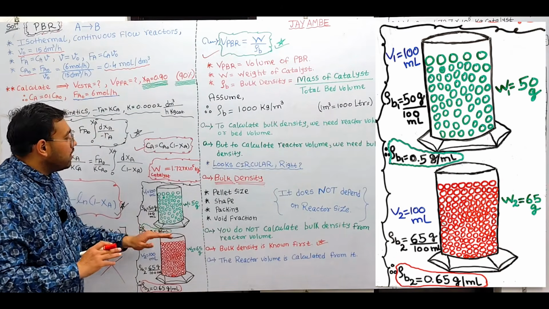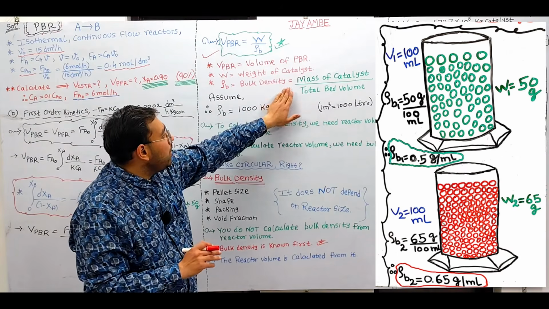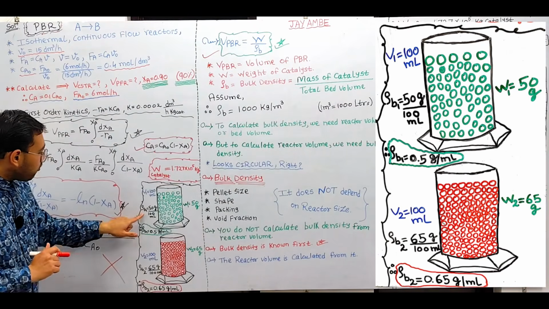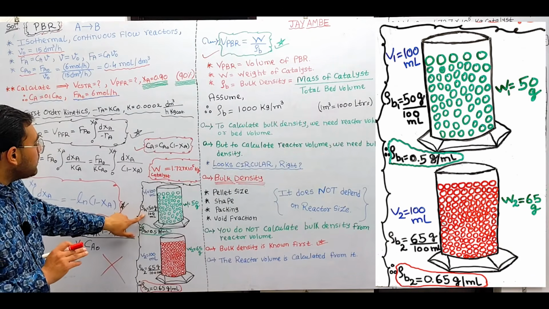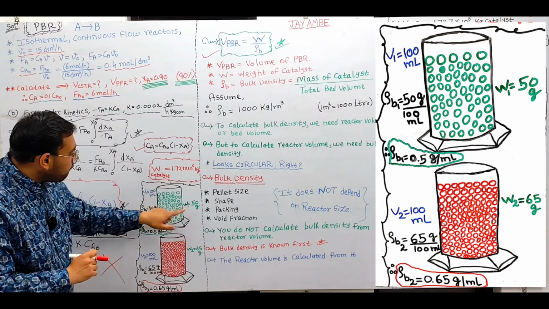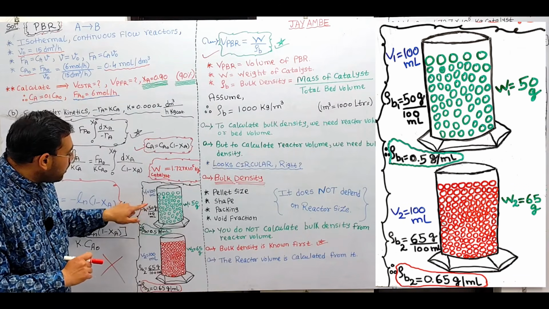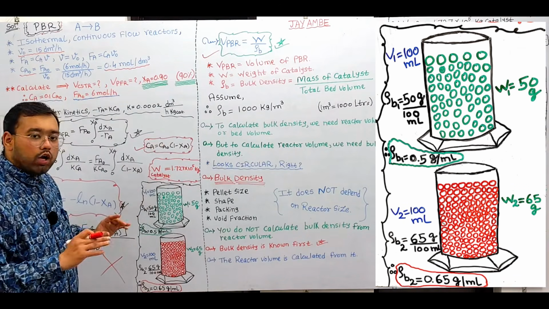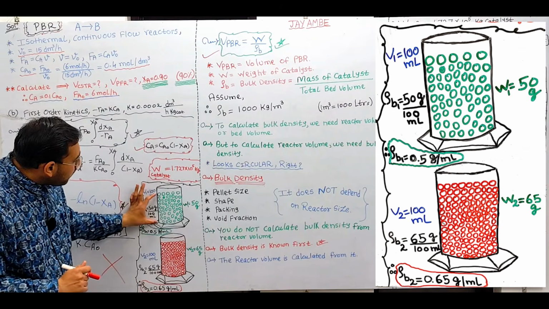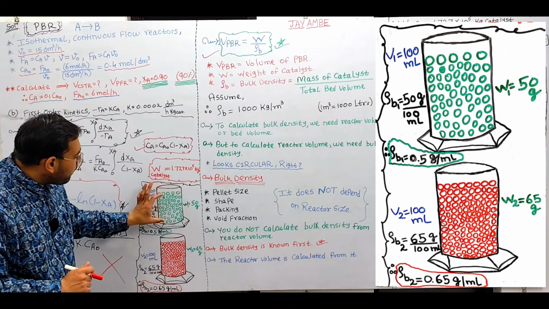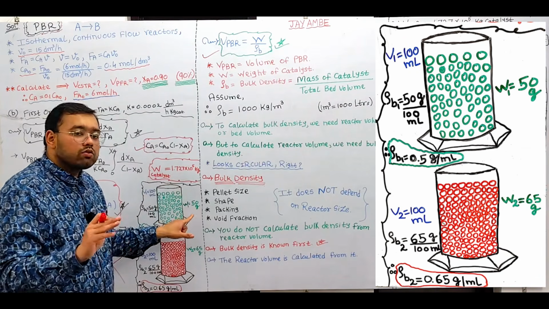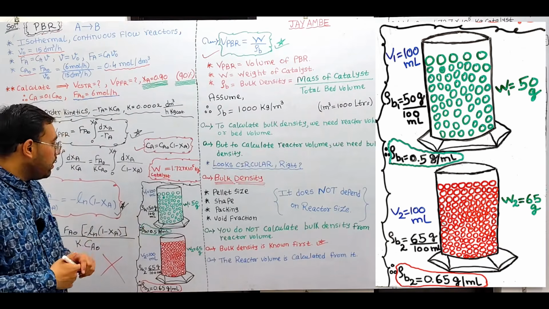By using this formula we will calculate the bulk density for case 1. Rho B1 defines the bulk density for the first case, which is the mass of the solid catalyst, 50 grams, divided by the total bed volume occupied by the solid catalyst, which is 100 ml. The entire 100 ml volume of the measuring cylinder is occupied by 50 grams of solid spherical catalyst.